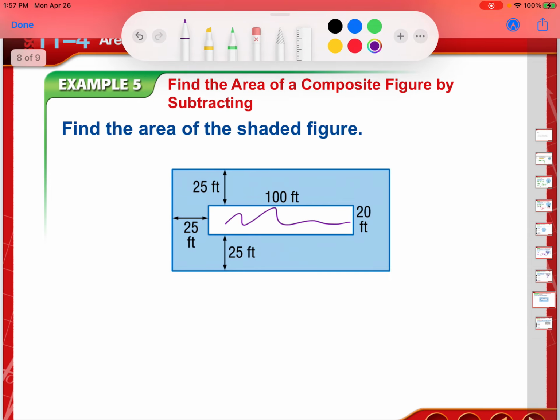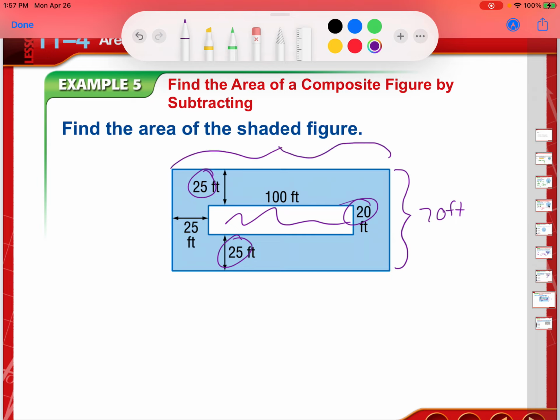To find the area of the big rectangle, I'm going to add up these three numbers: 25, 25, and 20, and that's going to give me my height, which is 50 plus 20, so 70 feet. The second piece I have to figure out is my width, which is three more numbers: 100, 25, and this little section over here is also 25. So 150 for the width.